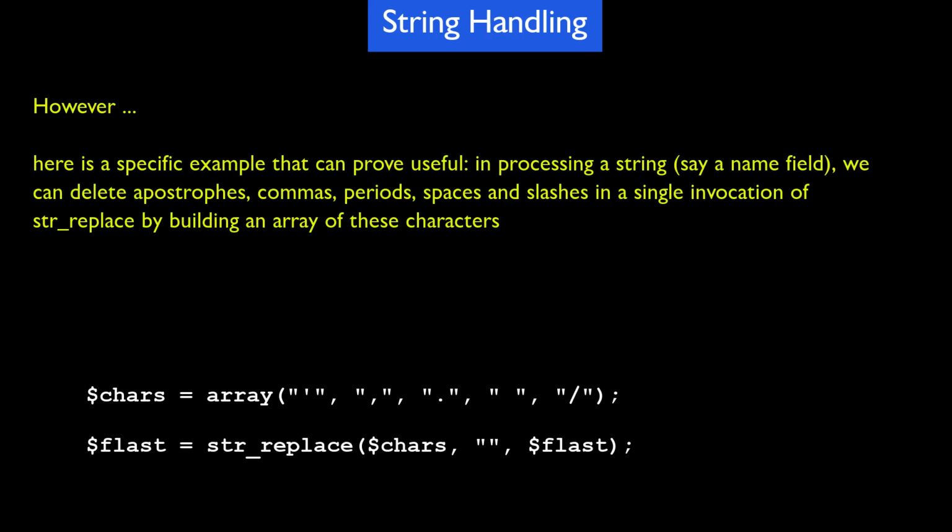$chars equals array of parenthesis, double quote, single quote, double quote, comma, double quote, comma, double quote, period, double quote, comma, double quote, space, double quote, comma, space, double quote, slash, double quote; $f_last equals str_replace of $chars, comma, quote, quote, comma, $f_last.